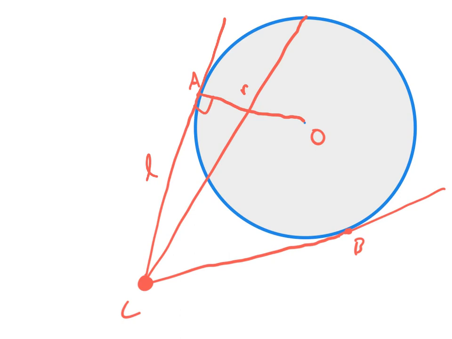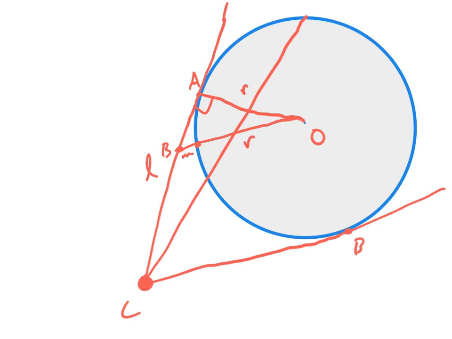If we just choose an arbitrary point right here and draw it to O, we can assure ourselves that it is longer, because already here we see that we've traversed the distance R, but we still have this little bit more. So this distance OB has to be longer than OA.